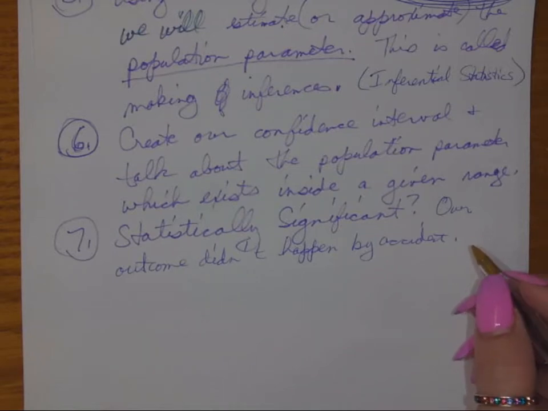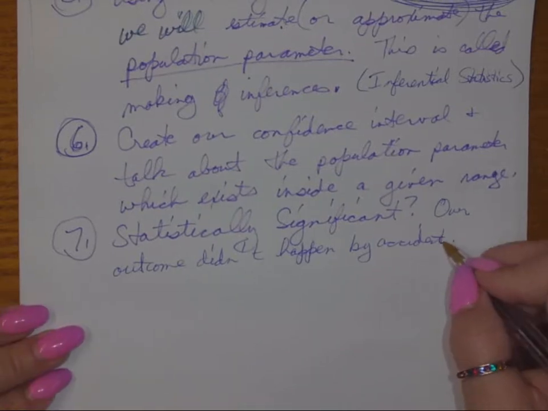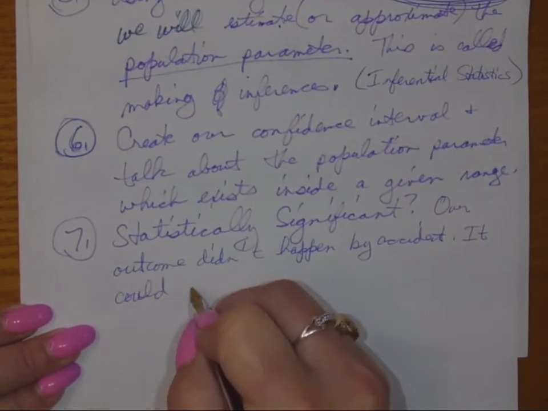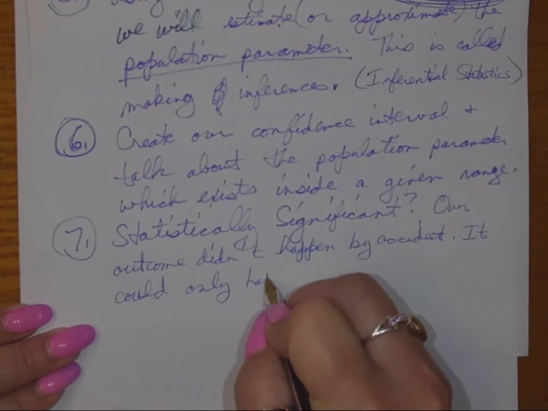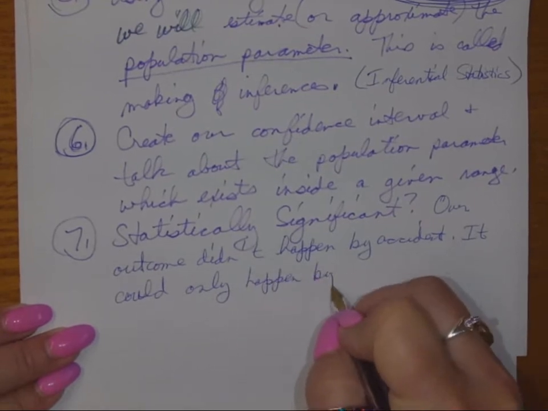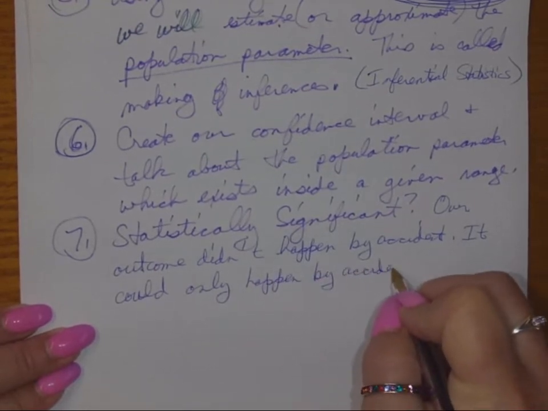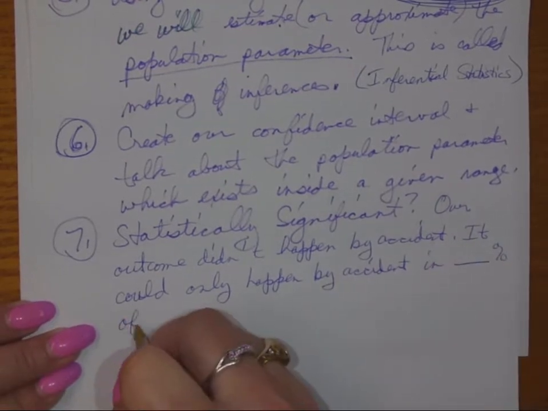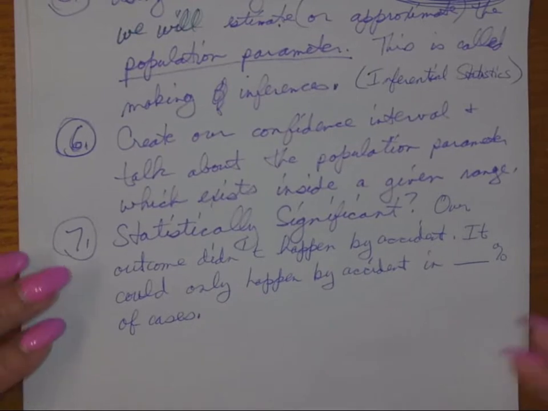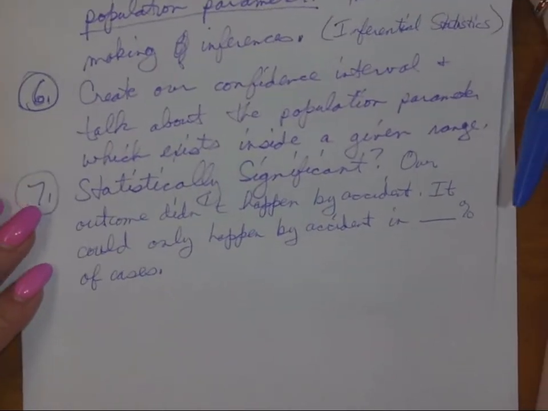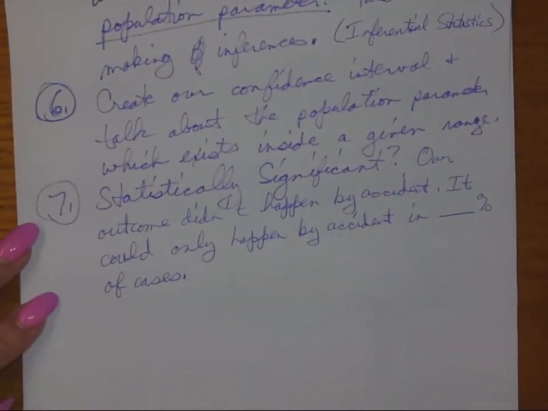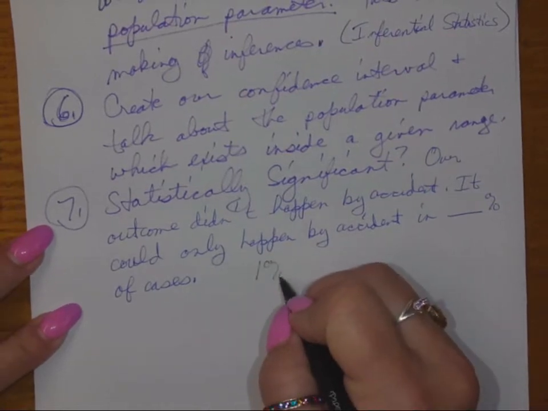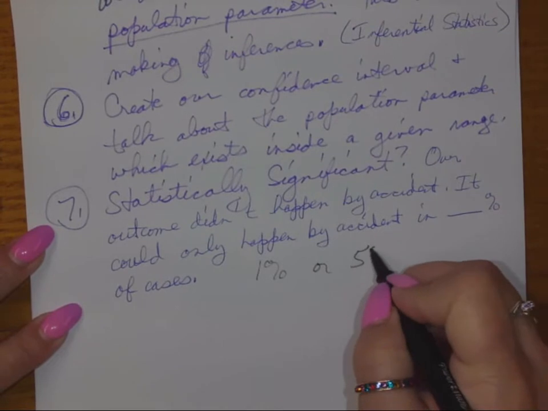Okay, it could only happen by accident in some percentage of cases. And if it's statistically significant, and it depends on your study, normally they'll look at 1% or 5%.